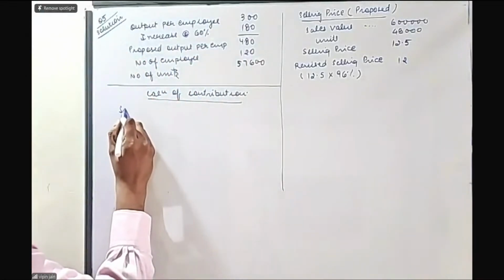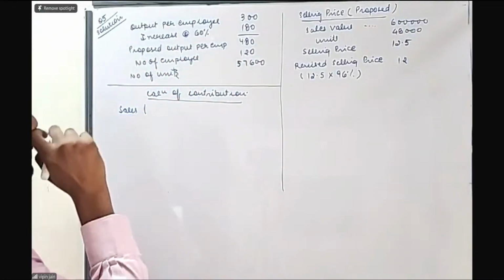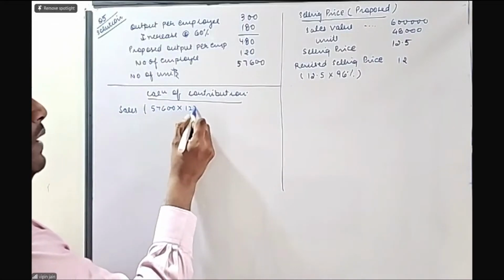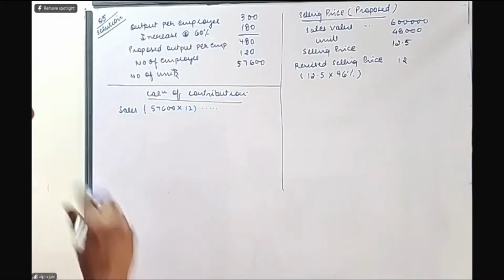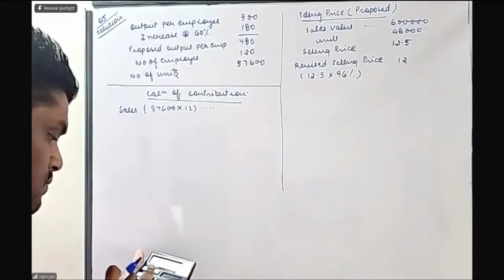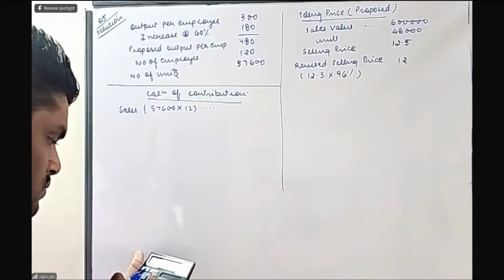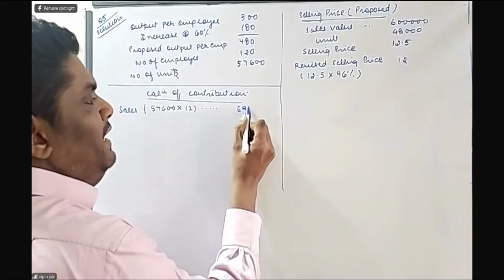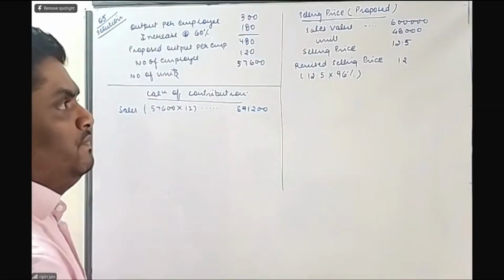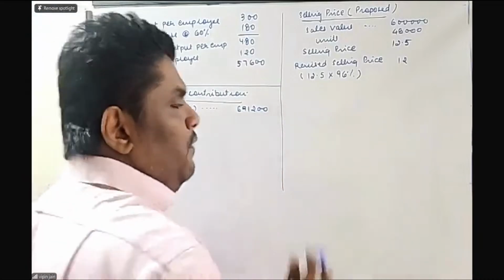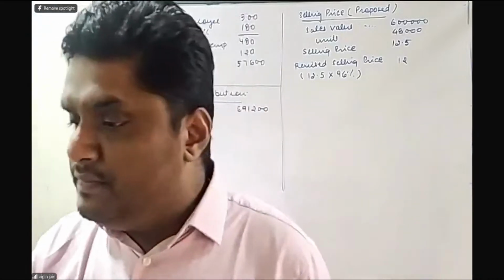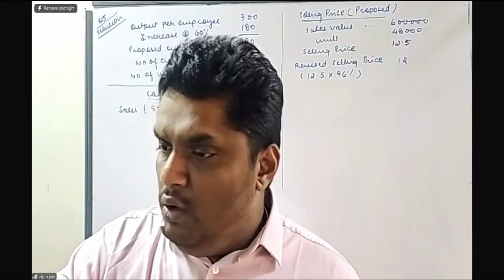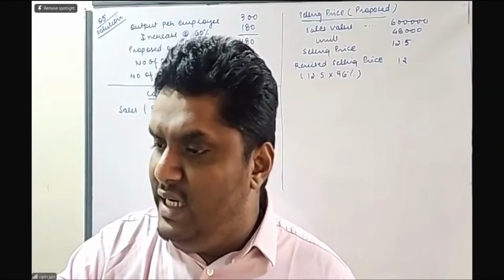So now my sales value will be how much? 57,600 into 12. That is 6,91,200. Now, when talking about variable cost, see no change in variable cost apart from incentive.